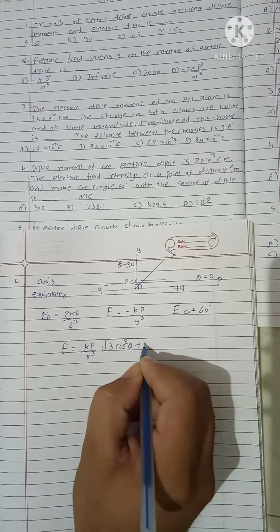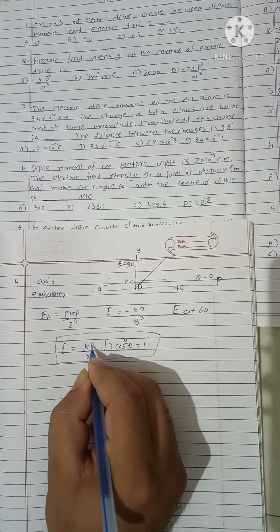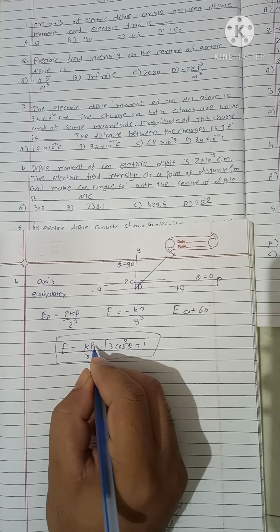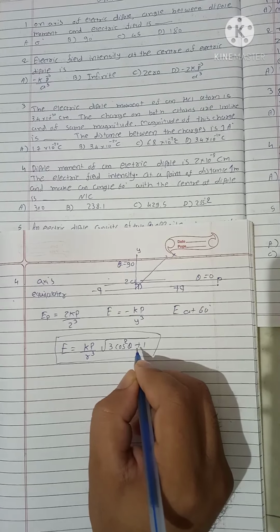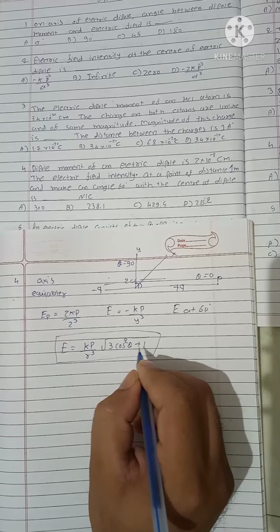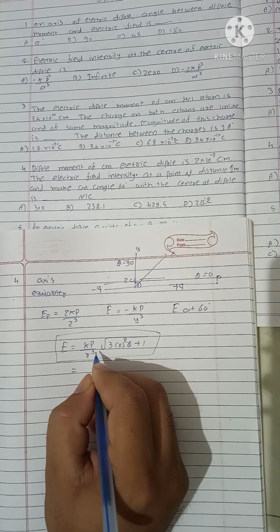Don't go into the derivation of this formula, you just have to remember it. In this formula, k is a constant, p is the dipole moment, r is the distance, and theta is the random angle. Now put in the values given here.